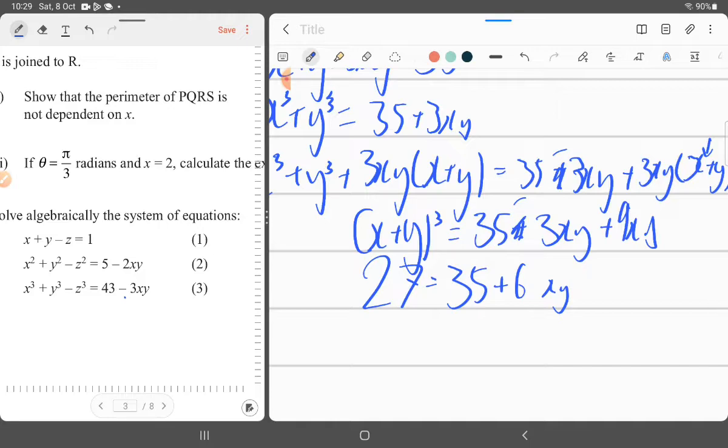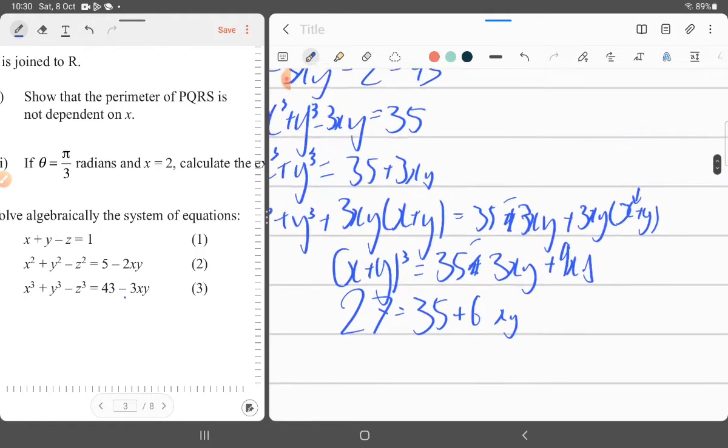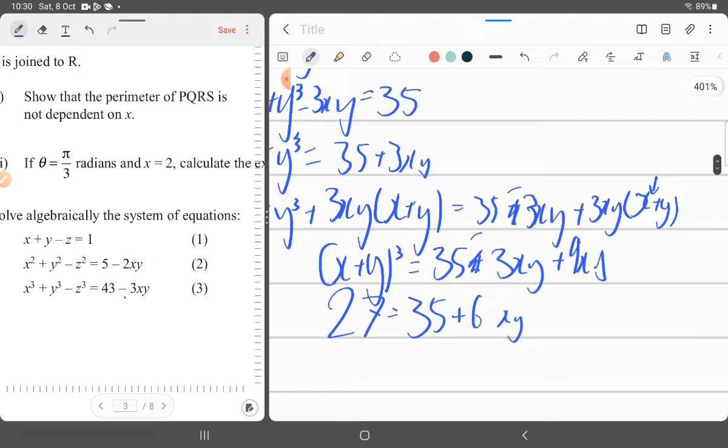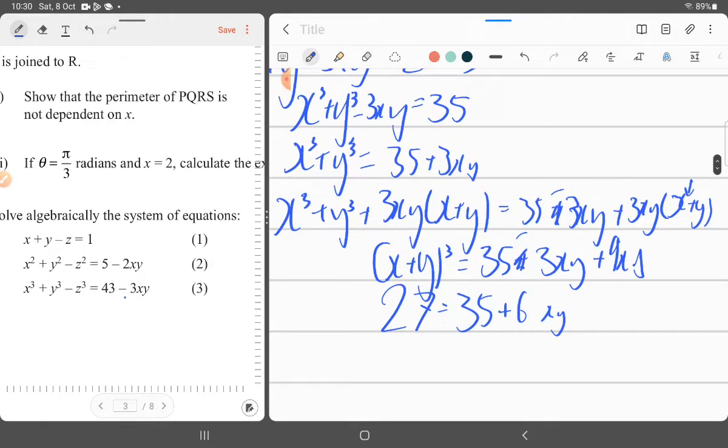Nah, this still feels like an awkward number to play with. X cubed plus 3xy. Let's see both sides. So we got x plus y minus 3xy.